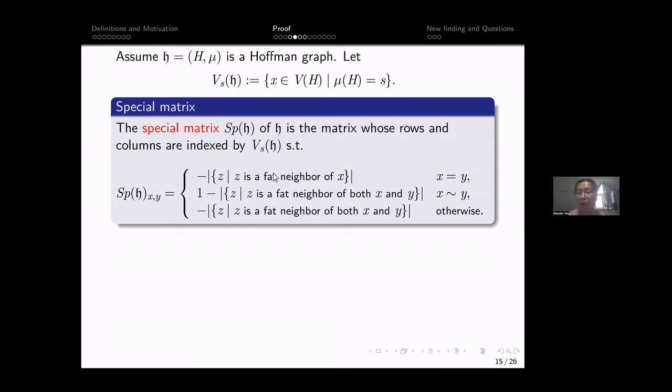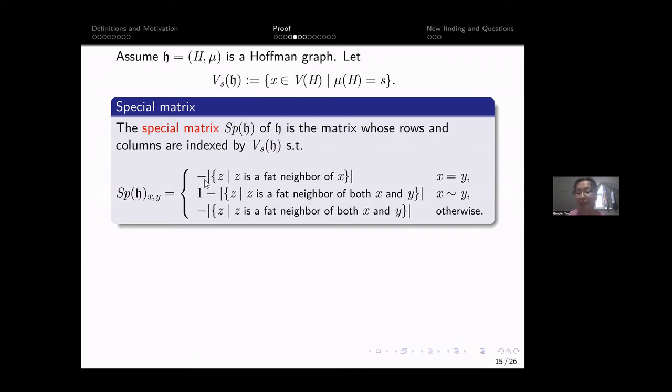On the diagonal entries, let's say XX, the special matrix has the opposite of the number of fat neighbors of X on this entry.